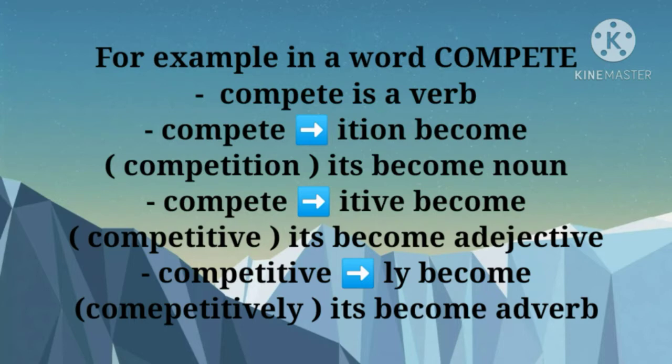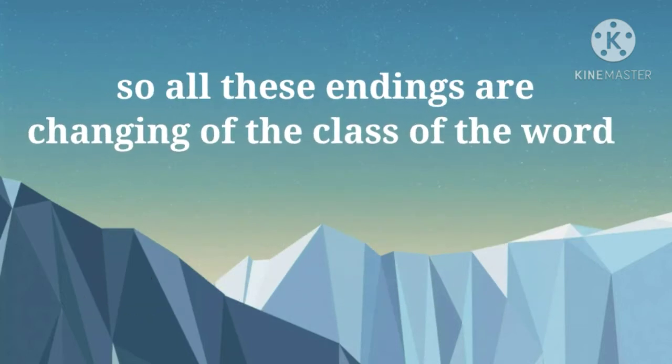But if at the ending I add itive, it becomes competitive, and then the word class is changed to adjective derivation. And additionally, we could add ly at the end of the word. It becomes competitively. Competitively is an adverb. So all these endings are changing the class of the word from a verb into something else.